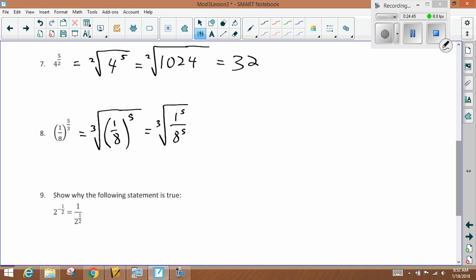We've got to raise both our numerator and our denominator to the 5th power. So this becomes the cube root of 1 over 32,768. That's what 8 to the 5th power is.